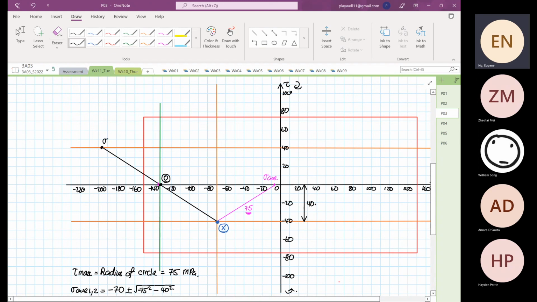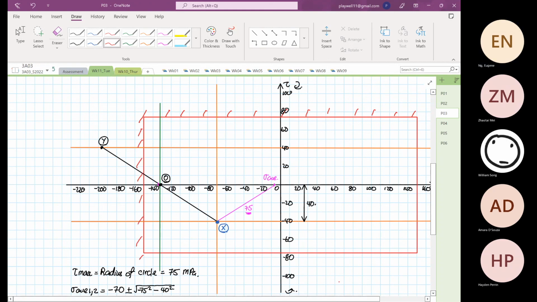This is our stress Y, or point Y. And we know that this answer is invalid because it's outside this red box over here. This is our operating boundary. When it's outside, it means it's not valid anymore.